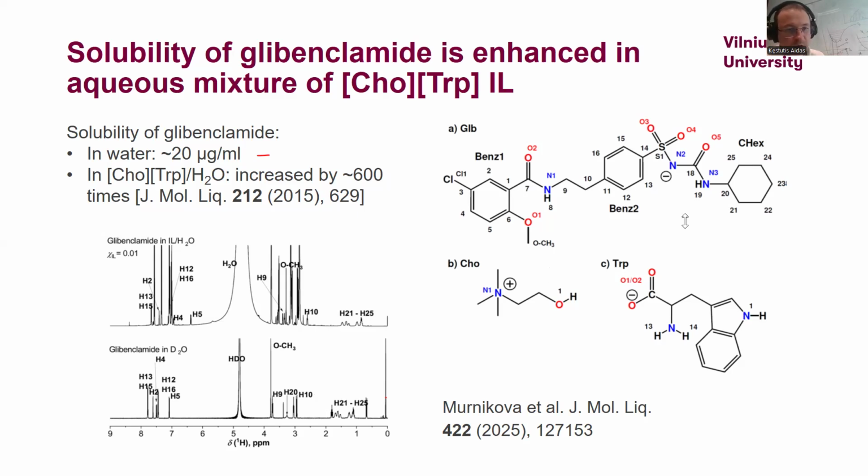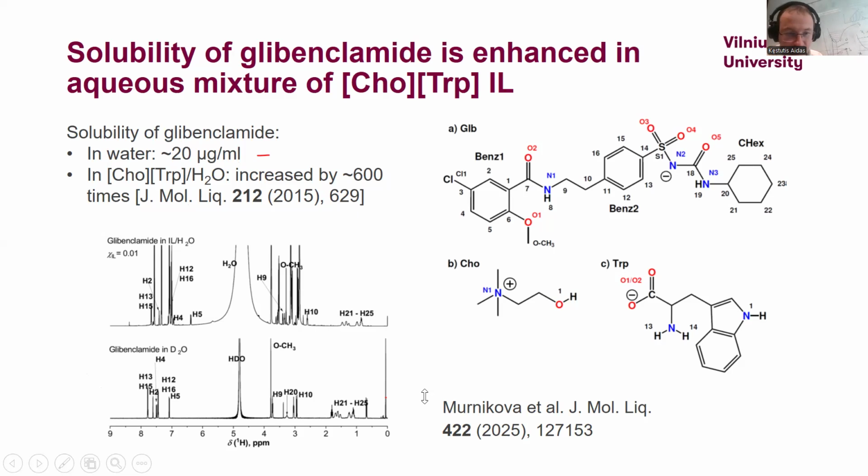So we asked our NMR people to measure the proton NMR spectra of glibenclamide dissolved in water and dissolved in the aqueous mixture of choline tryptophanate, and see if there are differences between these spectra. And I have to admit, for me, it was almost hopeless, because due to this very poor solubility of glibenclamide in water, and NMR, you very well know, is not a sensitive method, I thought they won't be able to see the spectrum in pure water, but they were able to do it.